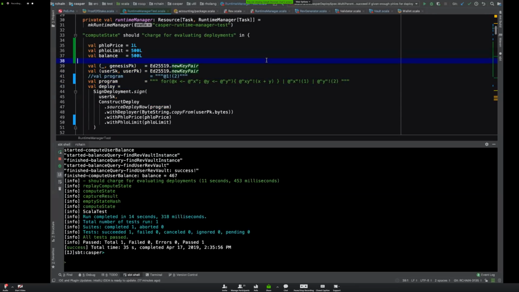So this one should be more expensive. I think that'll be enough, actually. So what I'm going to do here, this bit of the contract is going to be pretty expensive.